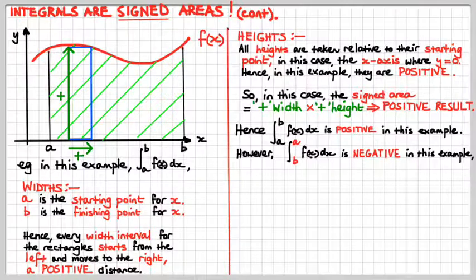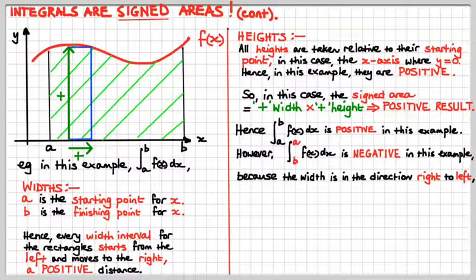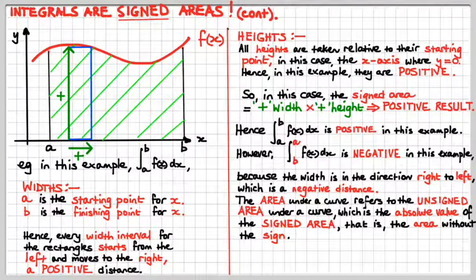However, guys, if you move from B, the lower terminal being the starting point, to A, the upper terminal being the finishing point, the integral of f of x dx taken in that direction, moving in the x direction from right to left, would be negative, because you would be multiplying a negative width by a positive height, and you would get negative. Yes, that's because the width is in the direction from right to left, which is a negative direction and distance.